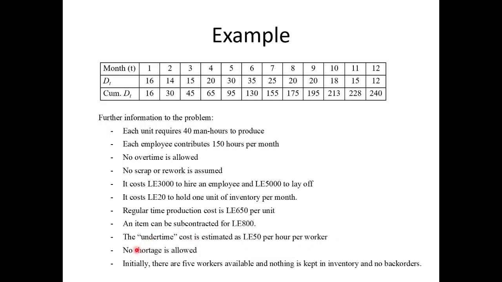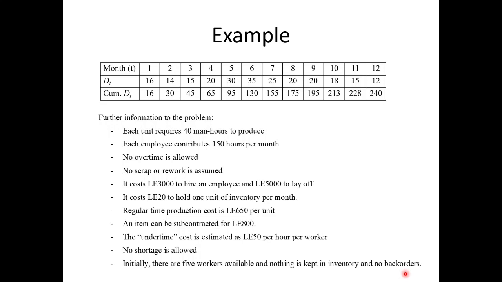No shortage is allowed, another policy of the company. This means you are not allowed to have any backlogged quantities in any period. Backlogging is not allowed. So it should always be zero. Finally, initially there are 5 workers. So this is the initial condition that we have, 5 workers, which means W naught is 5, and nothing is kept in inventory and no back orders.